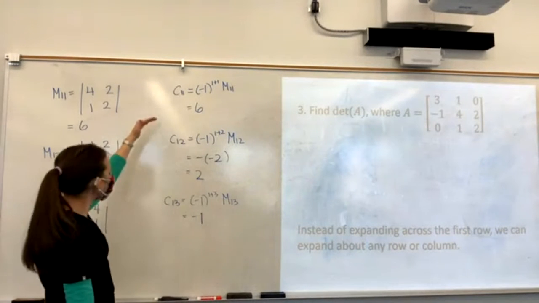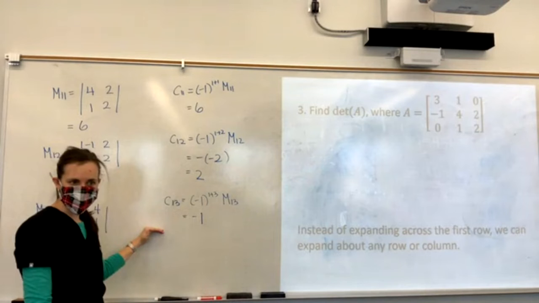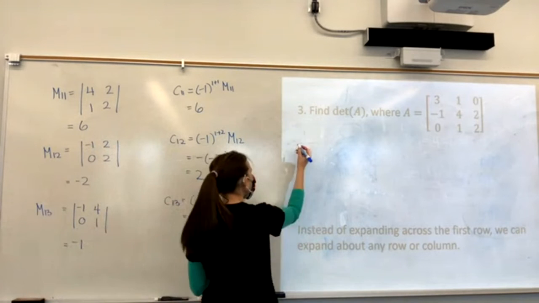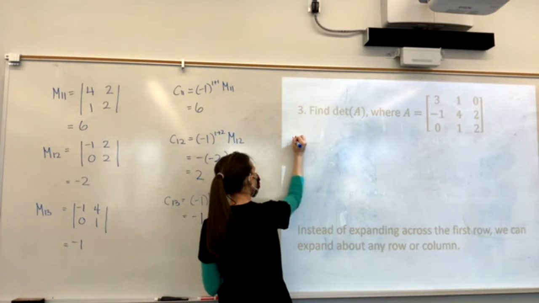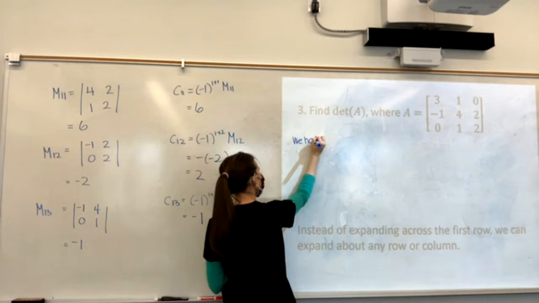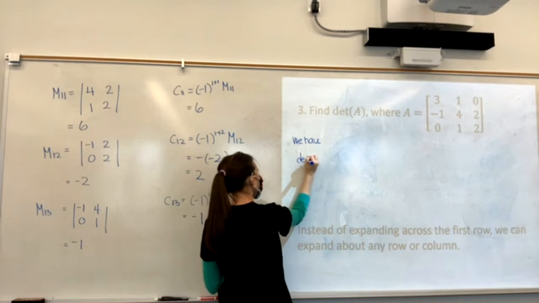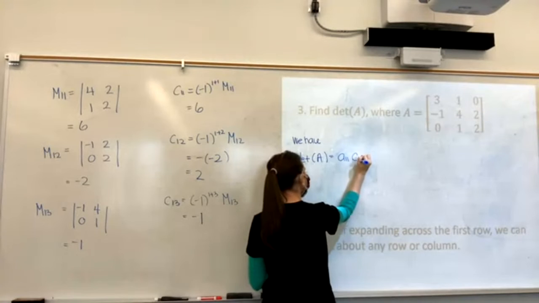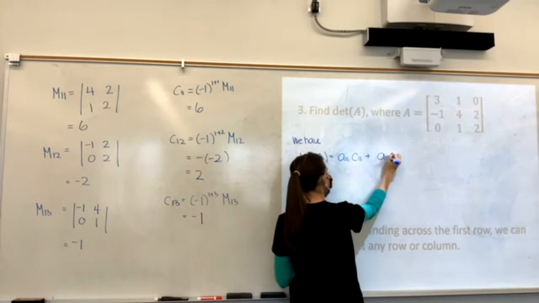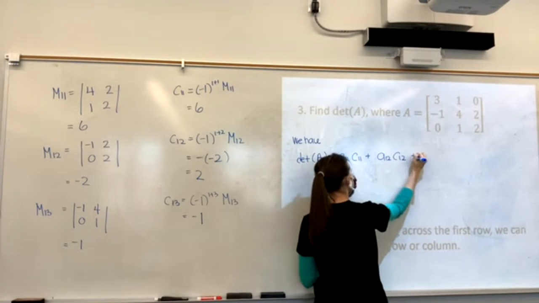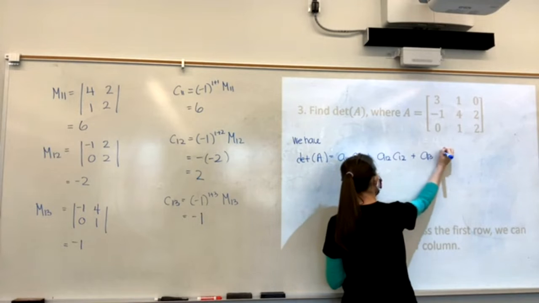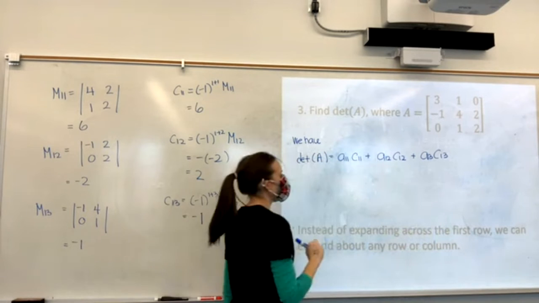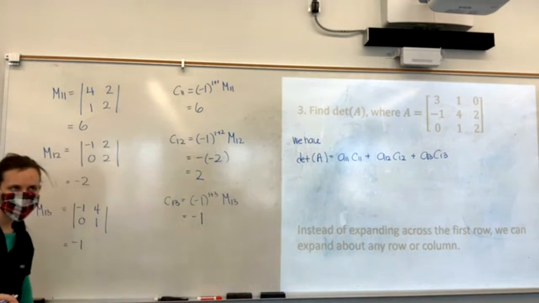We have already found our cofactors. So A11 C11 plus A12 C12 plus A13 C13. So that's our definition.